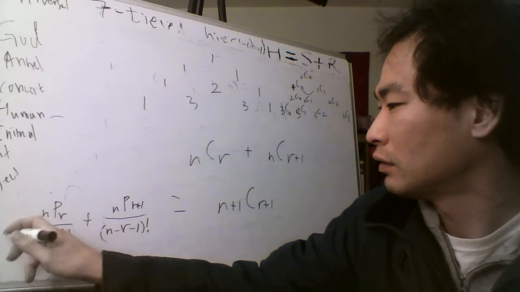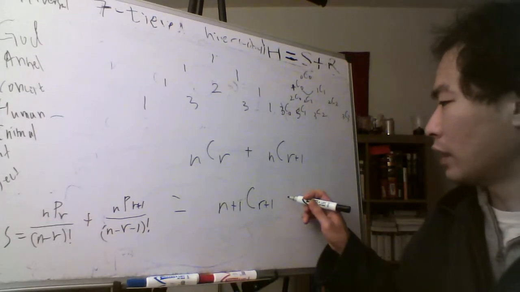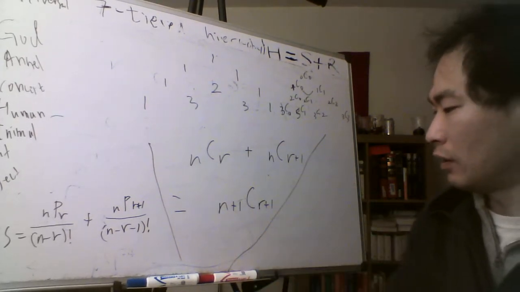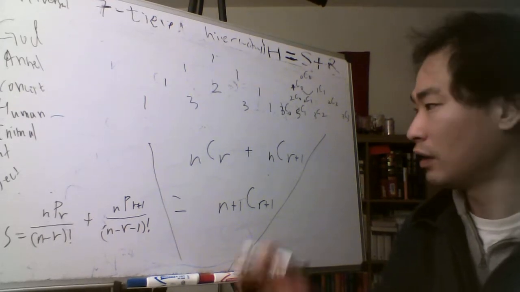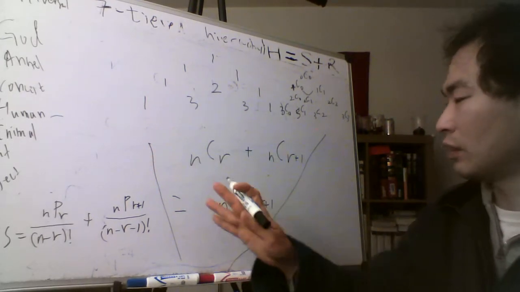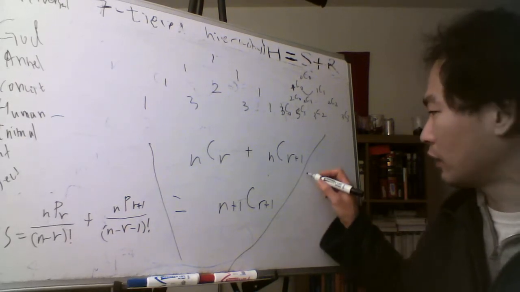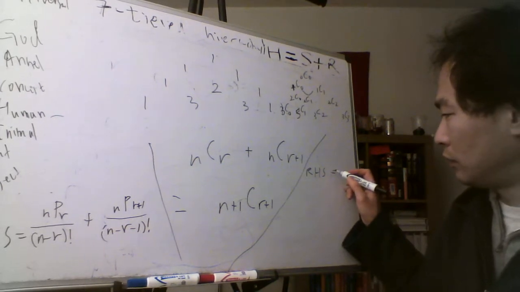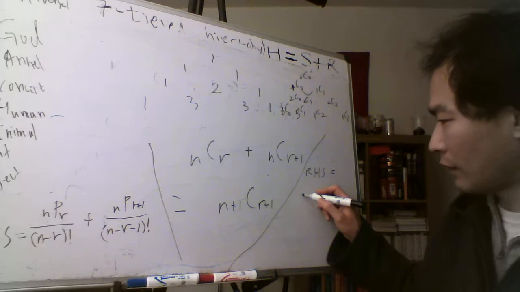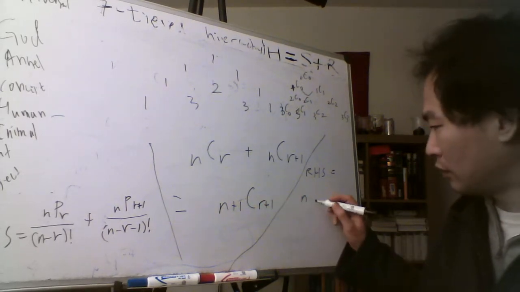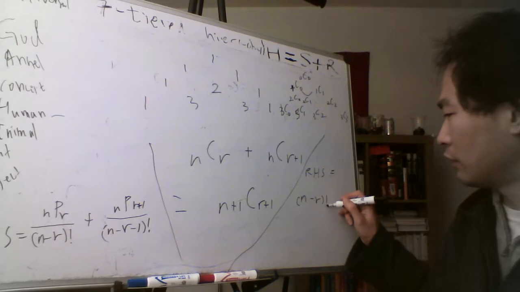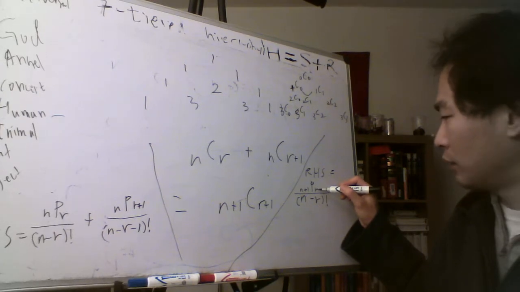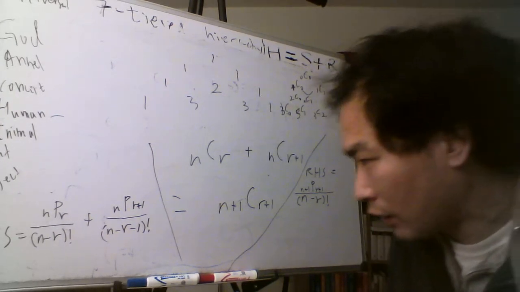For the right hand side, a very well known mathematical proof technique is to expand the left side, write it out, and then show what the right hand side is. The right hand side is equal to (n plus 1)!/((r plus 1)!(n minus r)!).